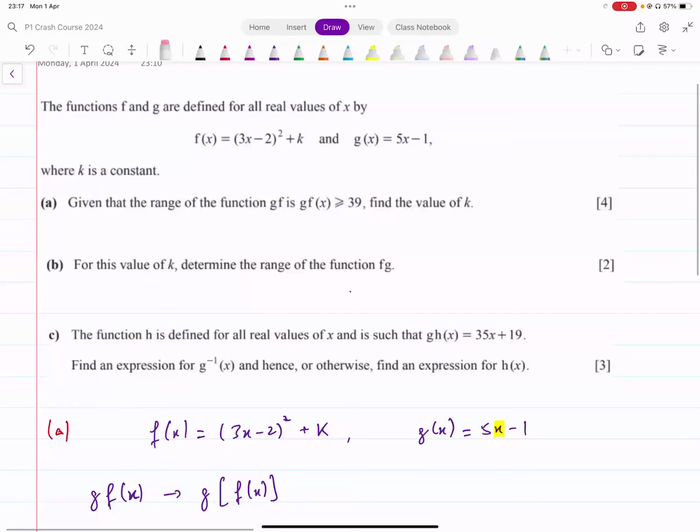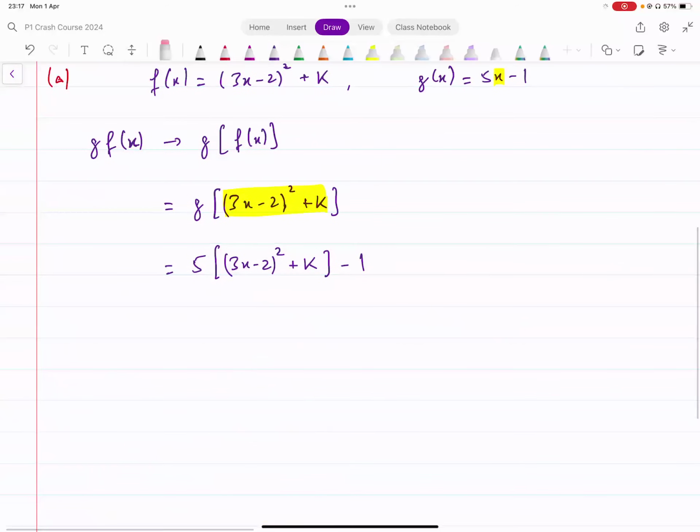Now, what type of function is this? It's a U-shaped graph, right? It's a U-shaped graph because the coefficient of x squared is going to turn out to be positive. If you square this and then multiply by 5, the coefficient of x squared is positive. What they've told you is the range of the function is greater than or equal to 39.